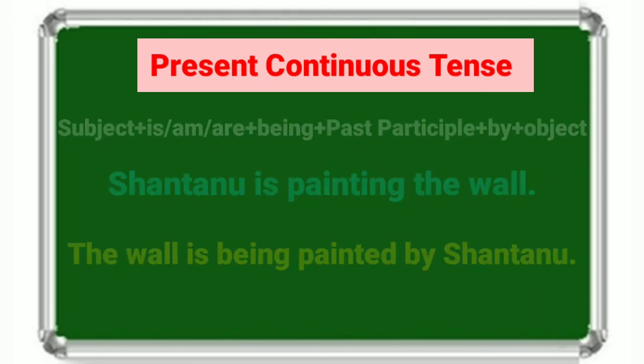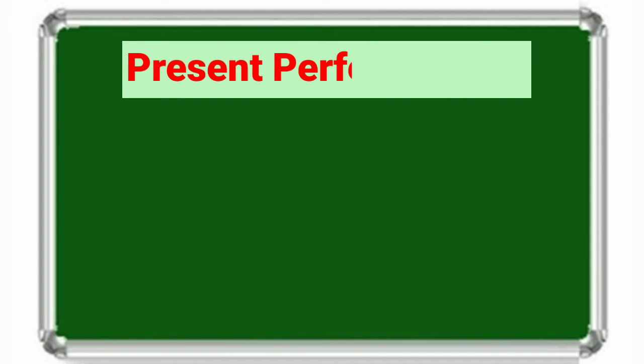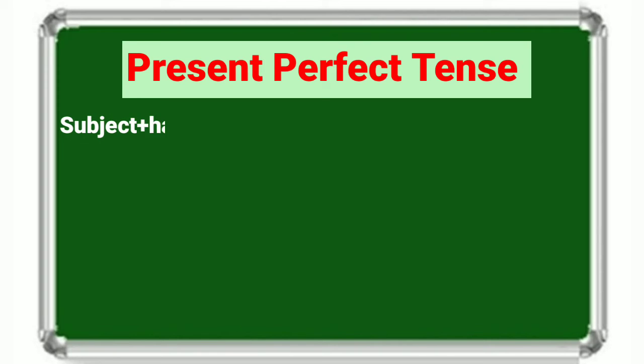Next is present perfect tense. So in present perfect tense, the formula for changing the sentence from active to passive voice is subject. Subject means here the object of active voice as the subject of the passive voice.